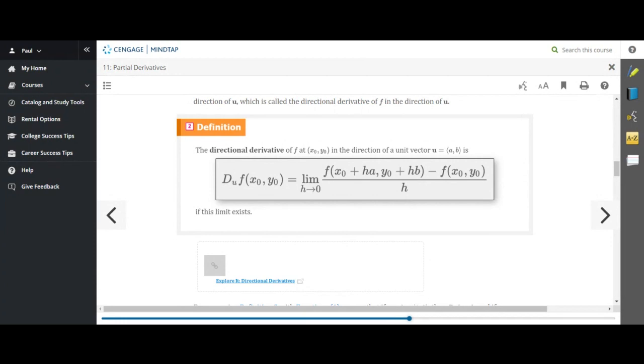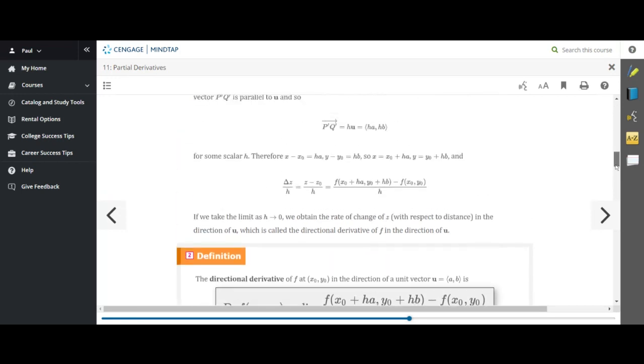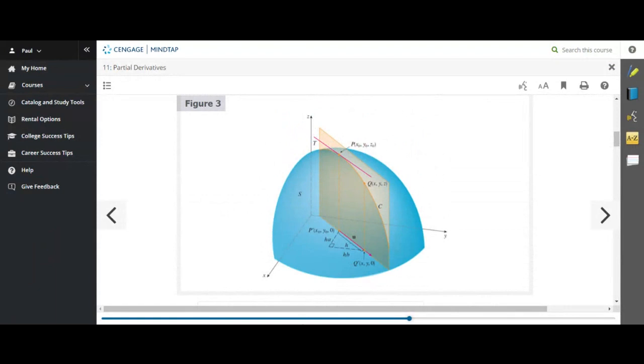So now you're looking at how the surface, which is the function value, changes going from x sub 0 to x sub 0 plus HA, and then y sub 0 to y sub 0 plus HB. That is the change in the surface along the unit vector u. Okay, do you see that? I'll go back and show the picture here in figure 3. Do you see that?